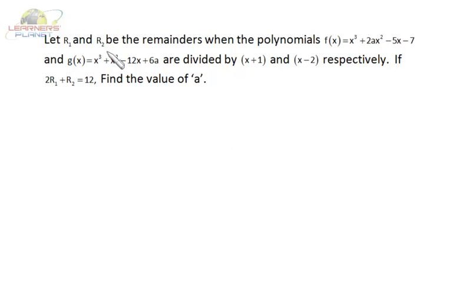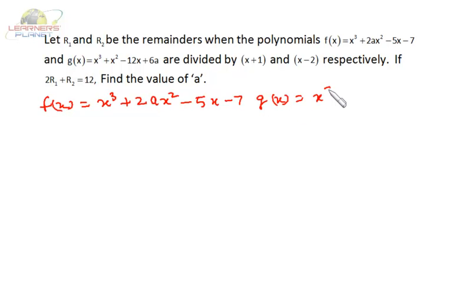Okay, let r1 and r2 be the remainders when polynomials this and this are divided by this and this respectively. If 2r1 plus r2 is 12, we have to find out the value of a. Okay, let's begin. f of x is x cube plus 2ax square minus 5x minus 7, and g of x is equal to x cube plus x square minus 12x plus 6a.